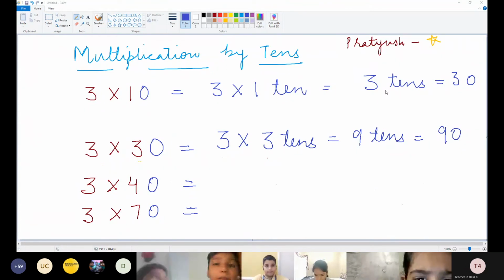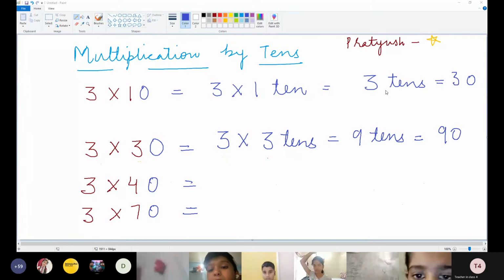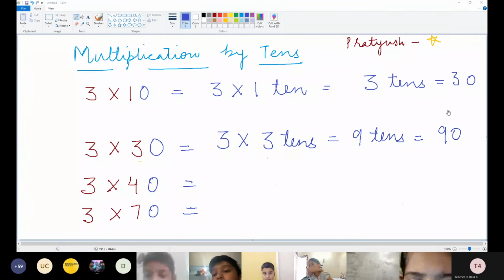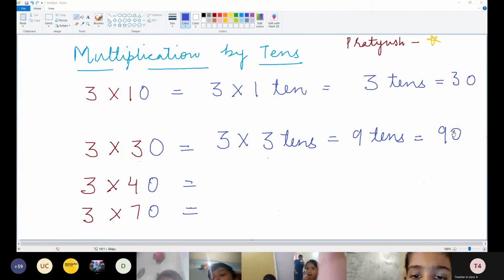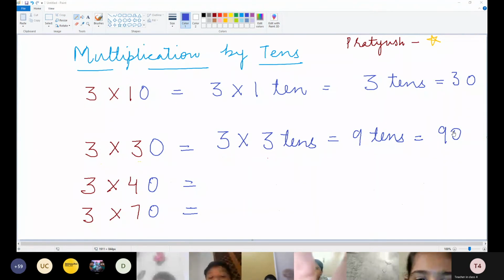Beta, what happened? Aryan Yadav, Anshuman, Akarshak, Akshita Kumari, Shaurya Singh, why have you joined late? Shaurya, switch on your camera. Abhimanyu, switch on your camera, beta.